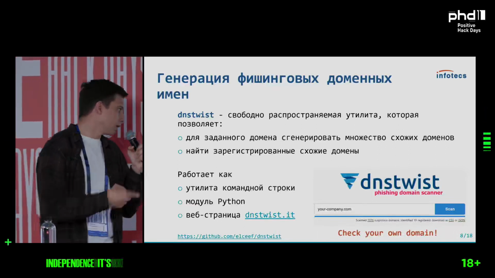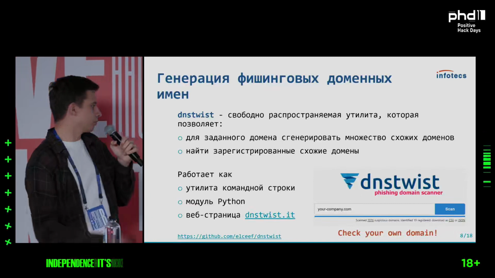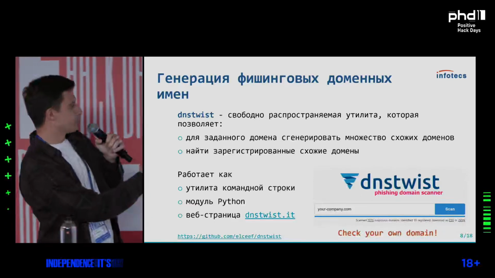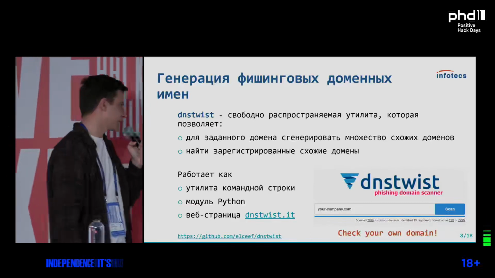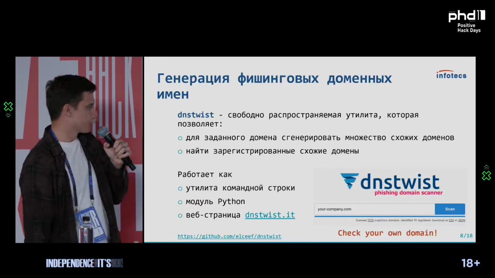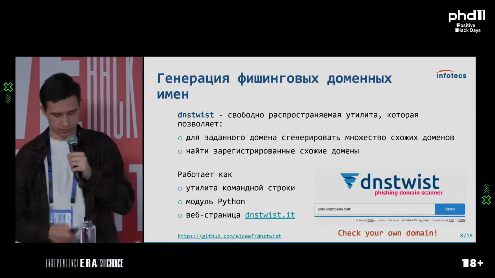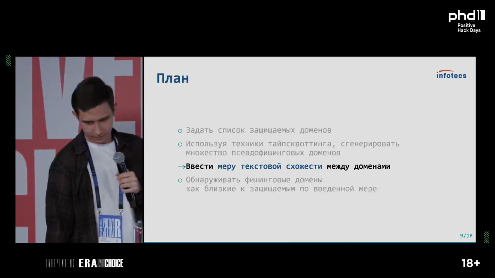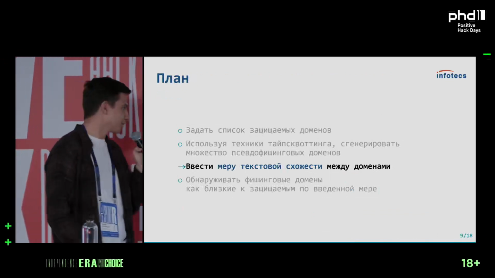It can also query them by DNS and find similar domains. It works as a command line utility, as a Python module, as a web page. You can put your site there and scan. And a spoiler is that there will be a lot of them.